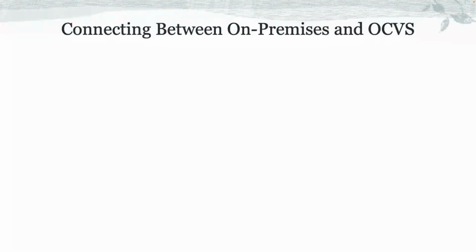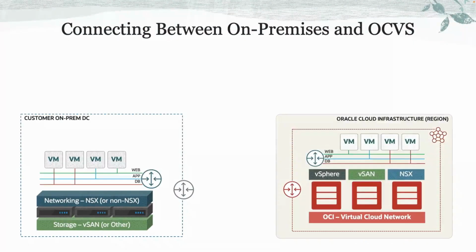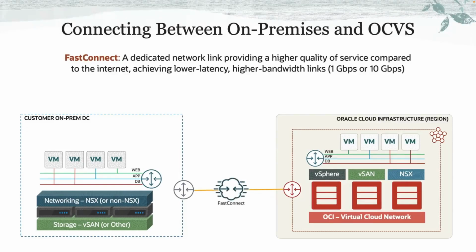The most important setup with cloud migrations is connecting between on-premises and OCVS. OCI FastConnect is a dedicated network link that gives you a higher quality of service. Through FastConnect, you can set up a lower latency, higher bandwidth connectivity link between the on-premises environment and OCVS.